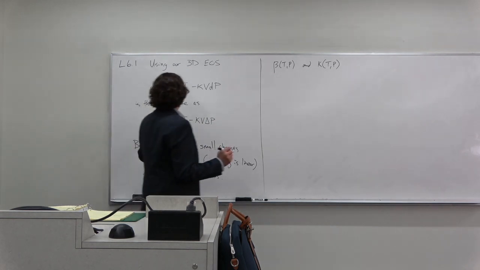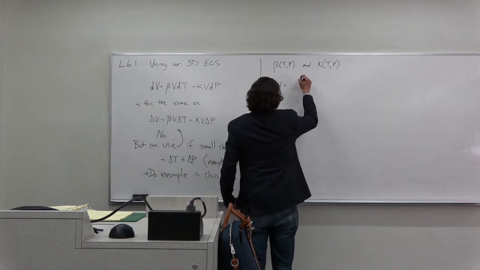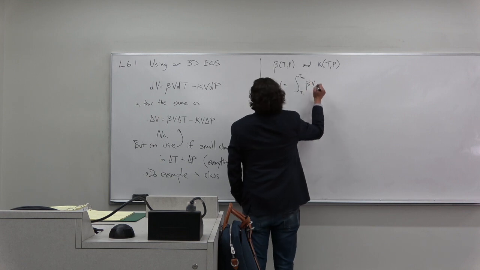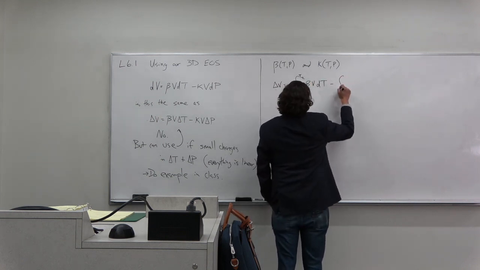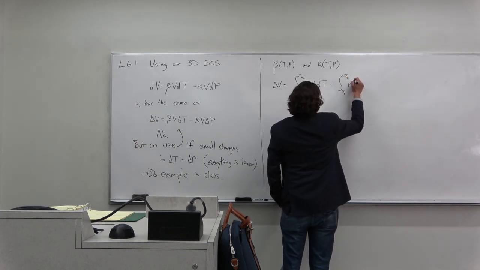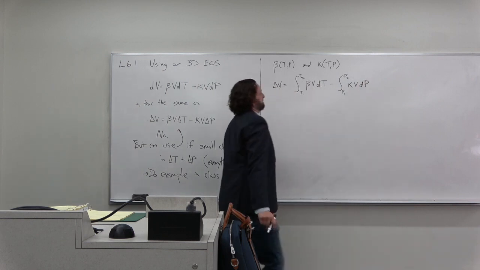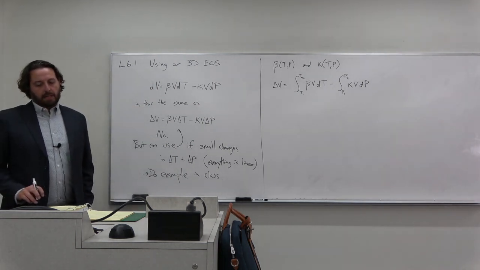Then our delta V is the integral from T1 to T2 of beta V dT, minus the integral from P1 to P2 of kappa V dP. So that's the more general form.